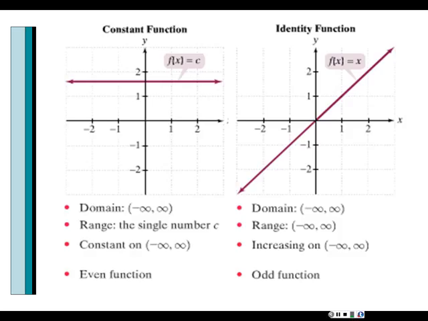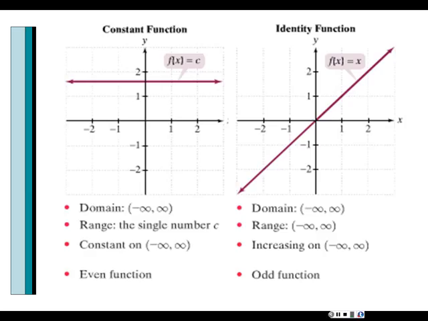Look at the second function. This function is an odd function, okay? But at the same time, we call it the identity function, because anytime you have a function like f(x) = x, this kind of function is a special version of an odd function called the identity function.